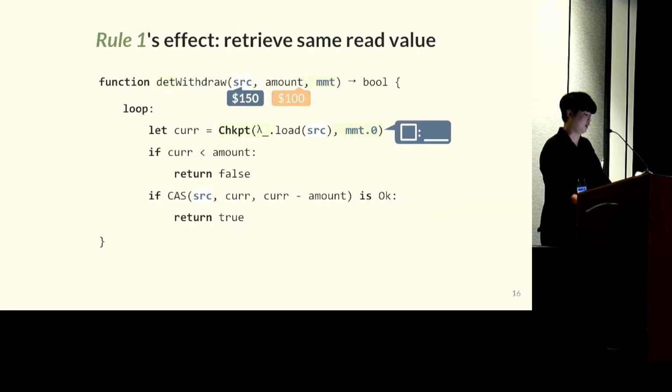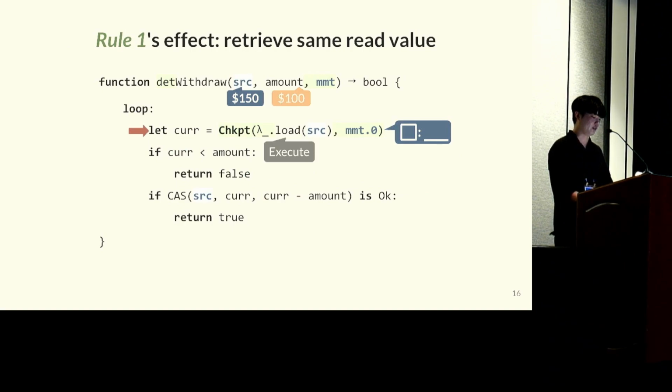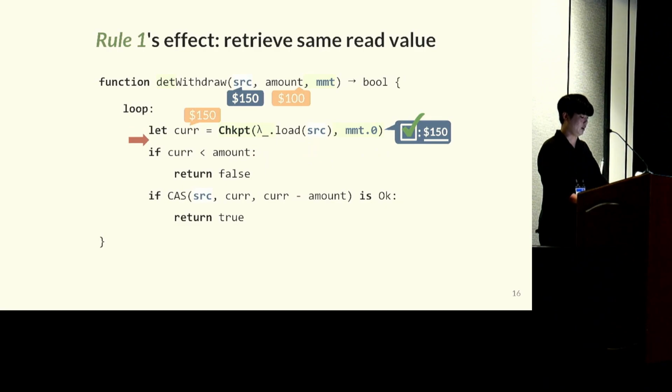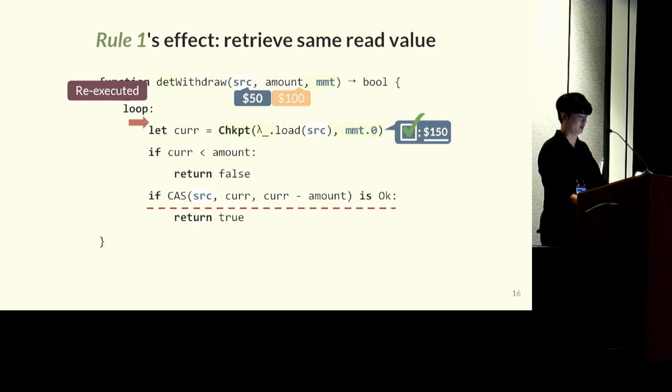Now let's apply rule 1 with the checkpoint primitive to the withdrawal function. First, when checkpoint runs, loading source is actually executed. Its return value $150 is stored in the checkpoint Memento. The value is returned, the balance is sufficient, so CAS is performed just like before, and source is reduced. A crash happens and the program restarts.